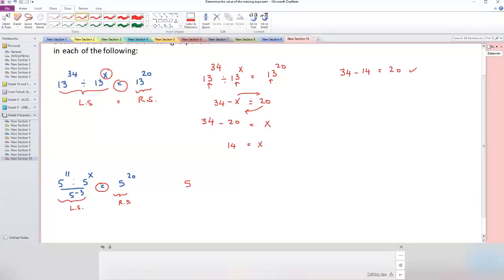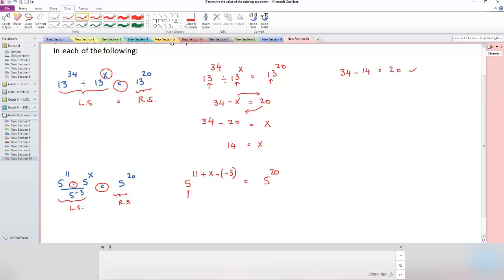Here I have 5, 5, 5, and I'm lucky to have the same base. That means for the multiplication, I'm going to say 11 plus x because I'm multiplying. And now dividing, I have to say minus. But the exponent here is negative 3, so I have to be careful. All of that equal to 5 to the power of 20.